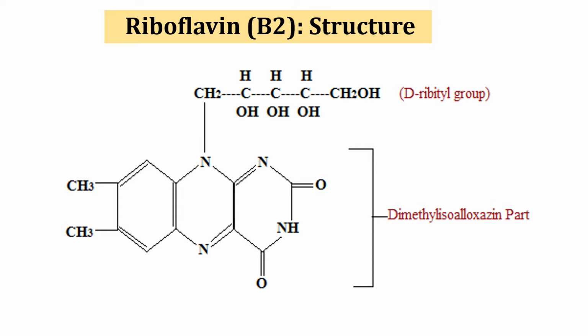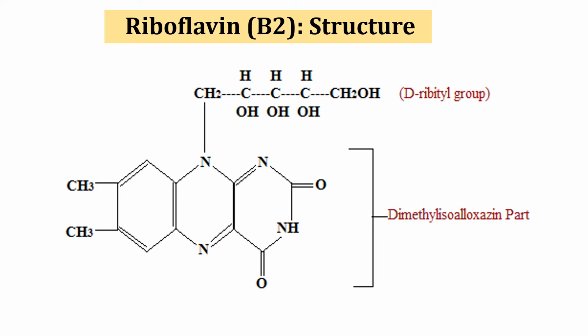Structure of vitamin B2. The parent compound riboflavin is made up of a dimethyl isoalloxazine ring which is attached to ribitol, which is a sugar alcohol, through a methyl group. This is the structure of riboflavin. While coenzyme form FMN is made up of riboflavin plus a phosphate group attached to this ribitol.